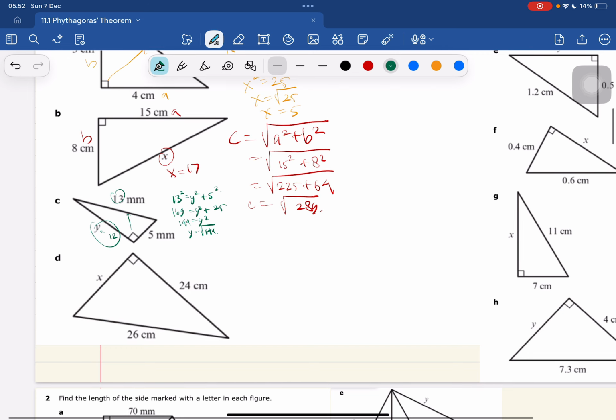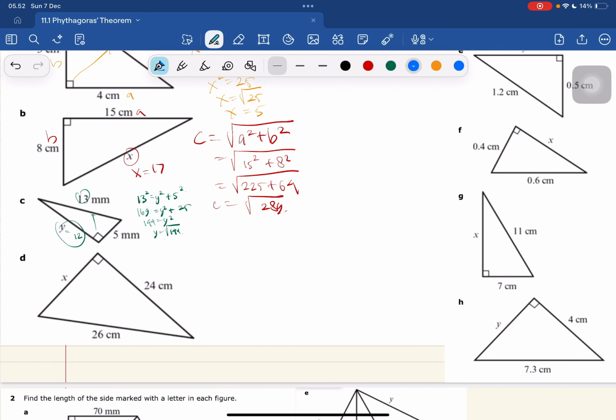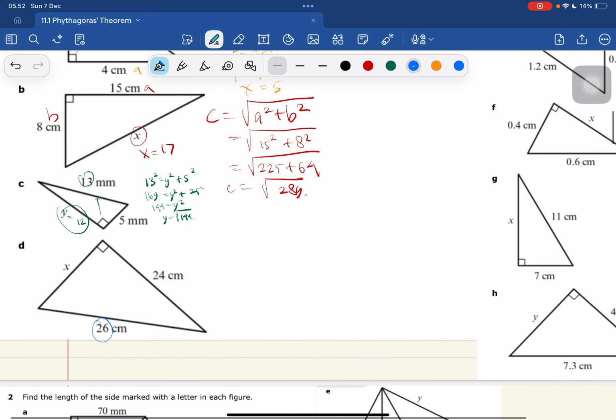Next for D. The longest line is here. So we will make it 26 squared equal to x squared plus 24 squared.